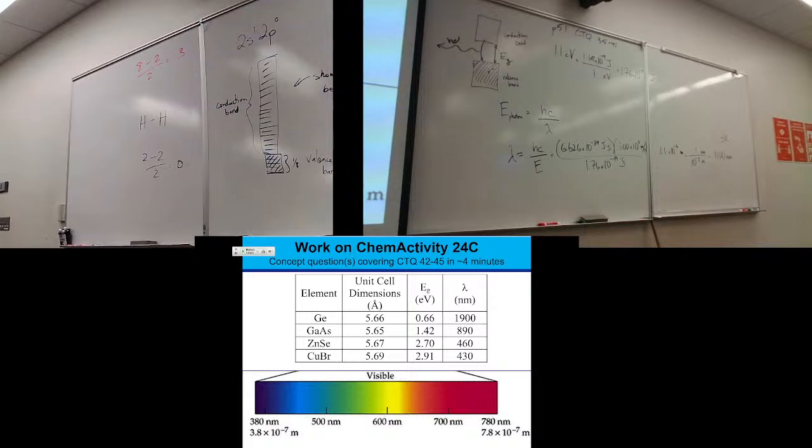The boundary between semiconductor and insulator is about 3 electron volts. So 2 is significant, but it's still a semiconductor.